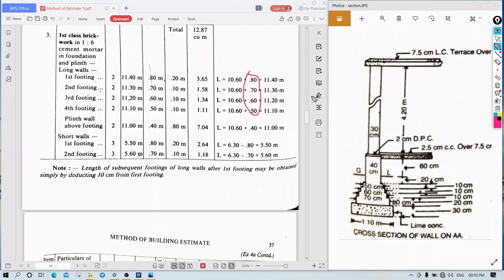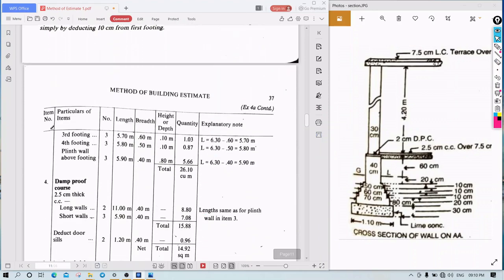Okay. See here. So short first footing, that is 6.30 minus 0.80, 5.50. So 6.30 minus 0.70, that is 5.60. What is the breadth? That is 0.70. What is the depth? That is 10 centimeter.